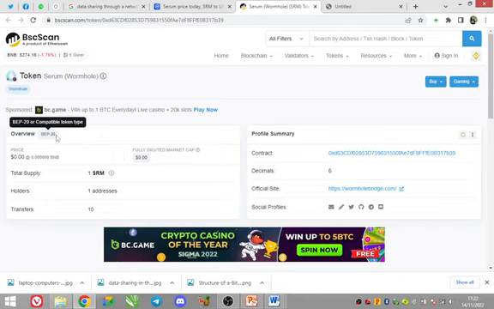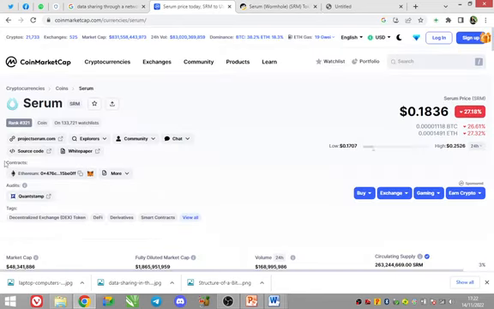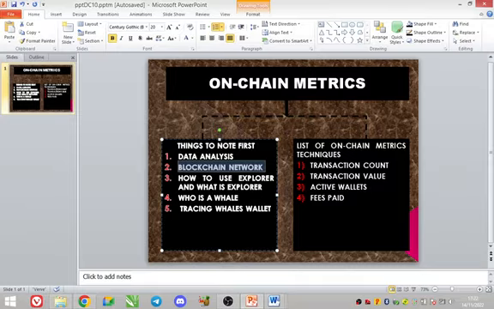Once you just go to CoinMarketCap and click on your contract, you can see all the chains, before I round up the other section, how to use an explorer.